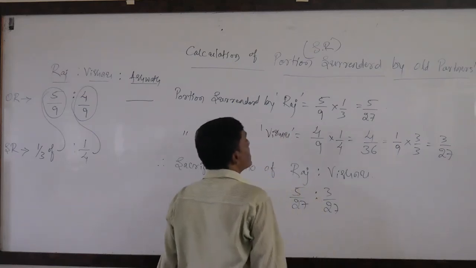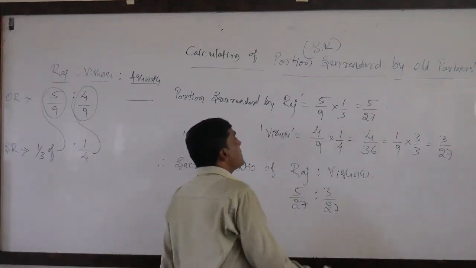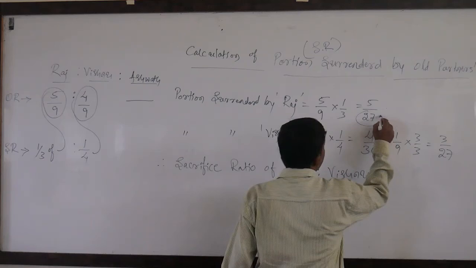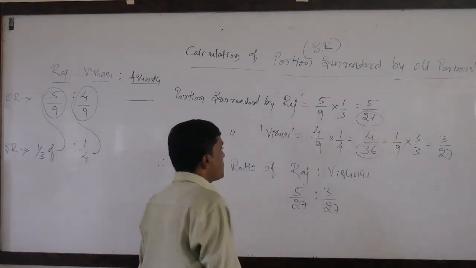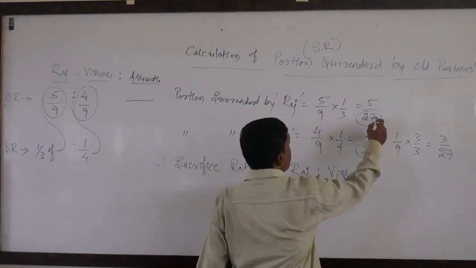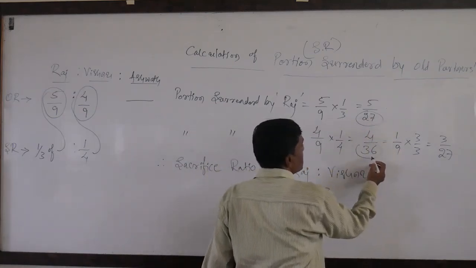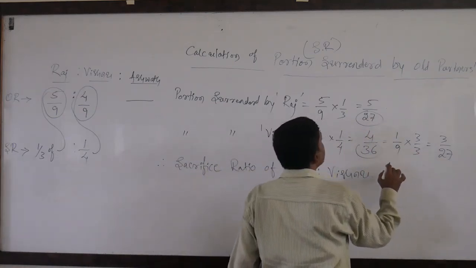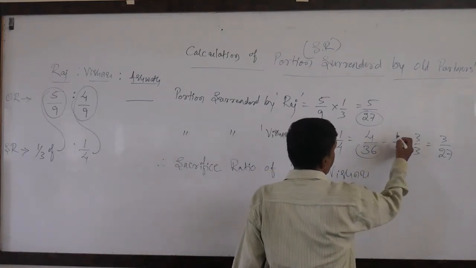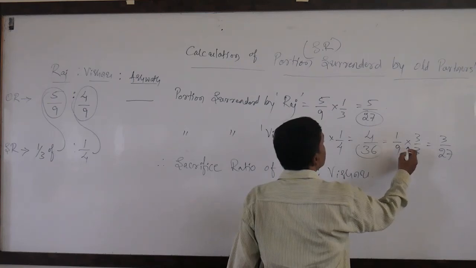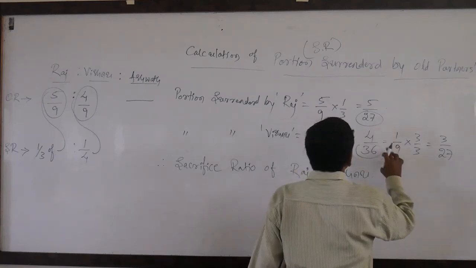While converting the fraction into ratios, there must be an equal value between these two figures, dear students. But here it is 27, here it is 36. That is the reason I have simplified this by dividing, so we can ascertain 1/9. So again we need to convert 9 into 27.